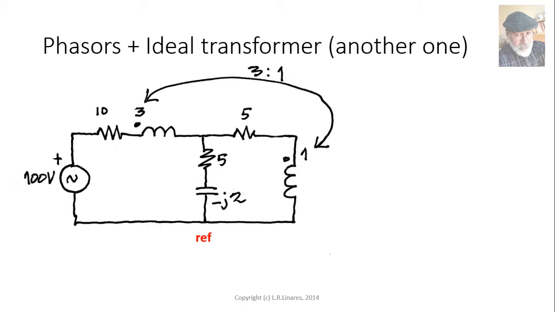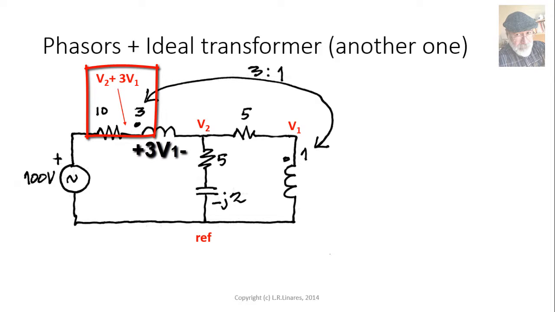Let's call this node V2. Another node. Fine. Well, observe that to that V2 we have to add the voltage in the high voltage side of the transformer, and we get that the voltage on that node is V2 plus 3 times V1. That's correct.